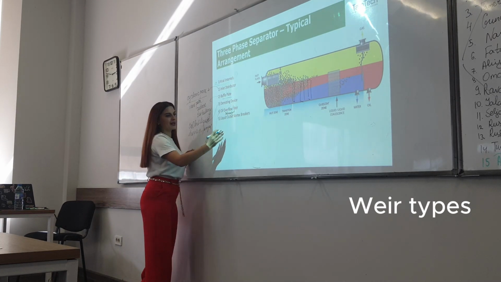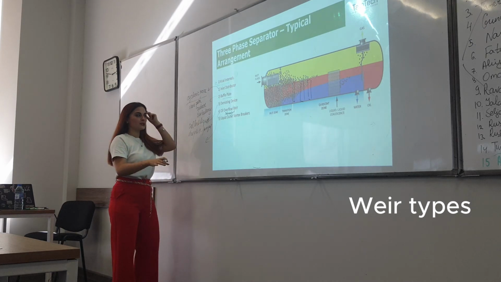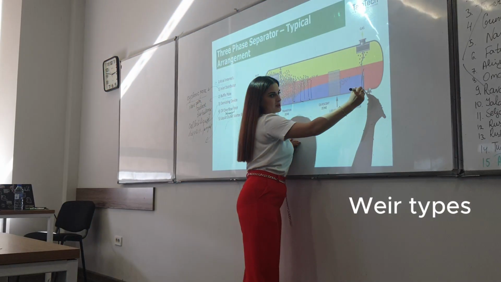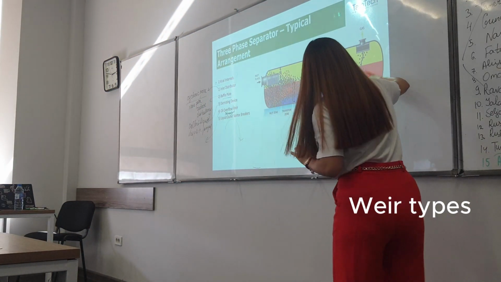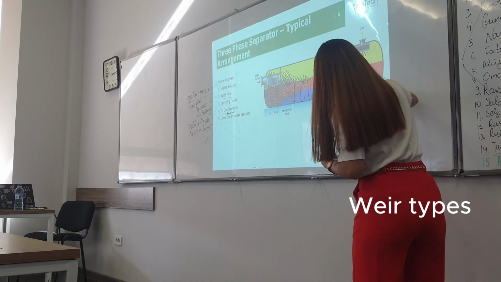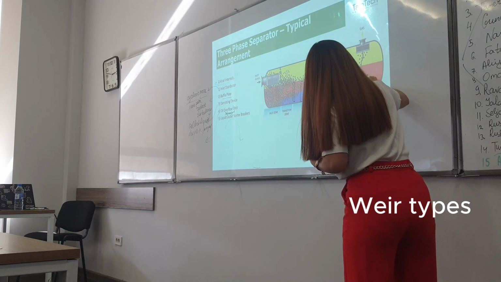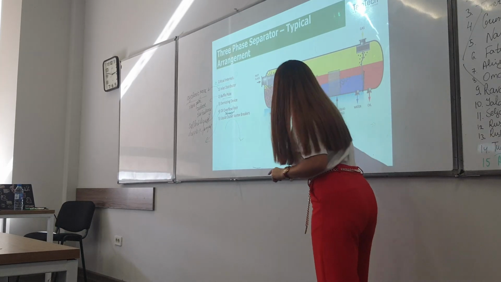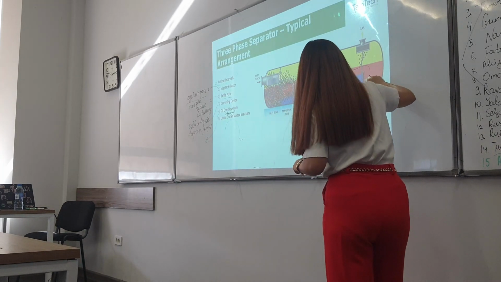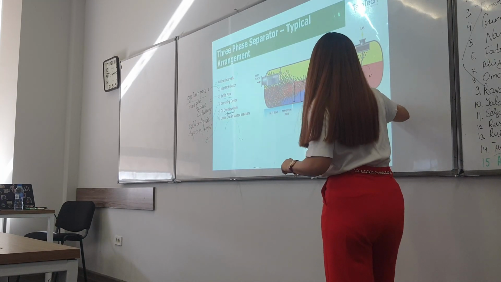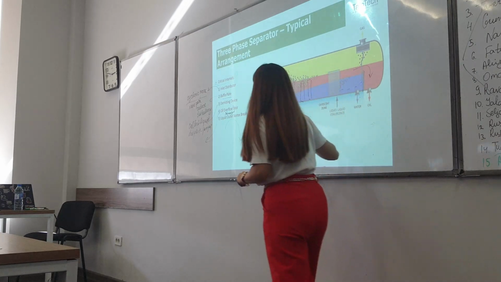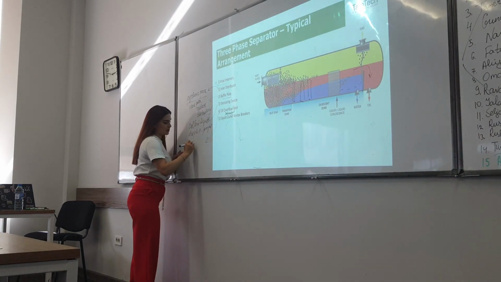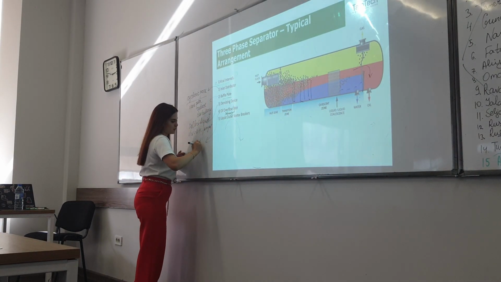Submerged is from the name, it's submerged into the liquid, but the overflow is like a kind of weir. It's in the gray color, this one. So as we have the lighter phase on top, it will go beyond this part and the oil, and the water, the heavier one, will stay here. So let's write liquid separation.